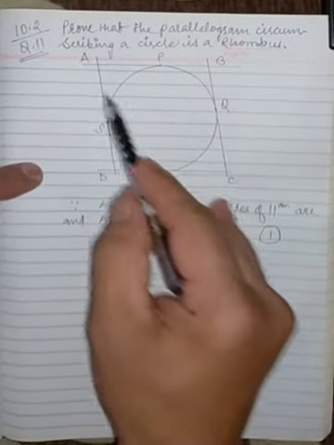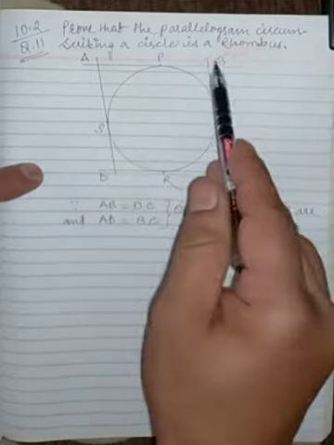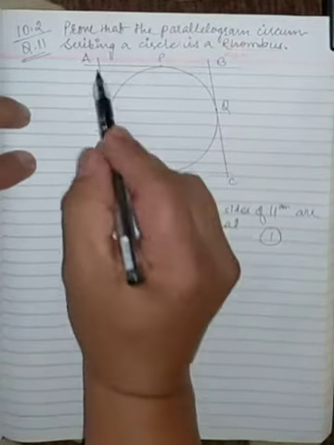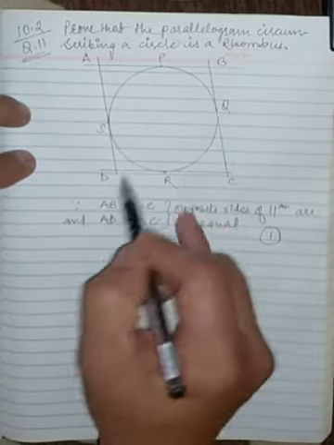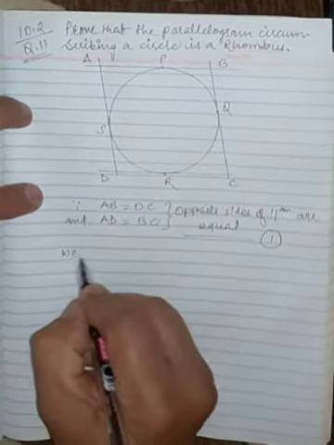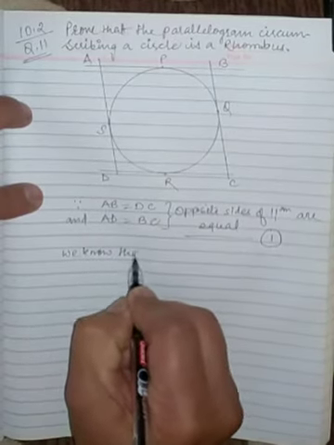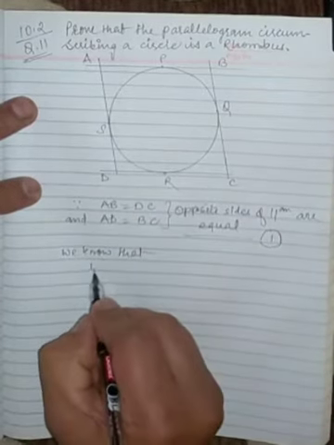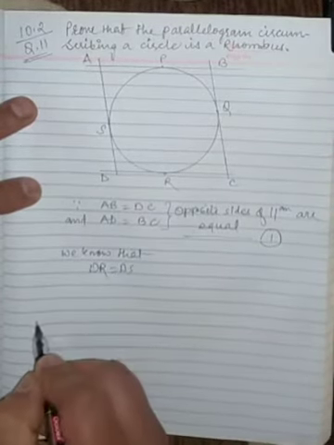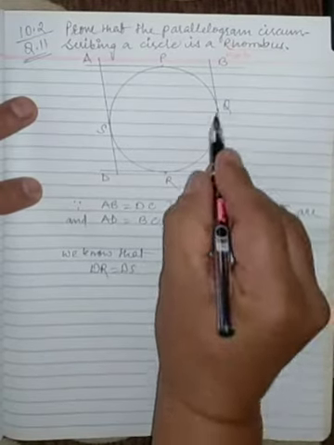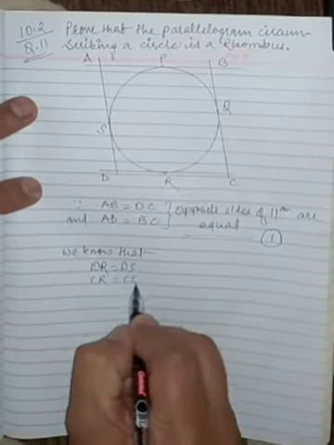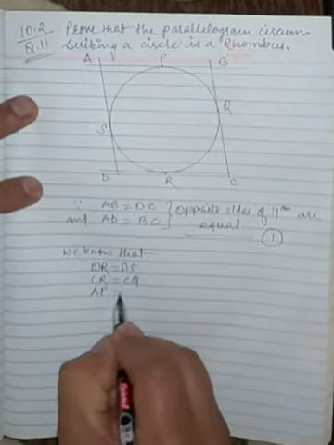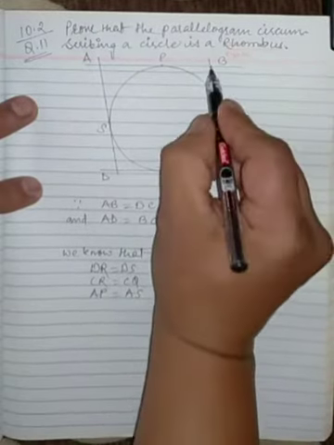Now, since these points A, B, C, D are external points outside the circle, and these are all tangents drawn from the external points, we know that DR is equal to DS, CR is equal to CQ, AP is equal to AS, and BP is equal to BQ.